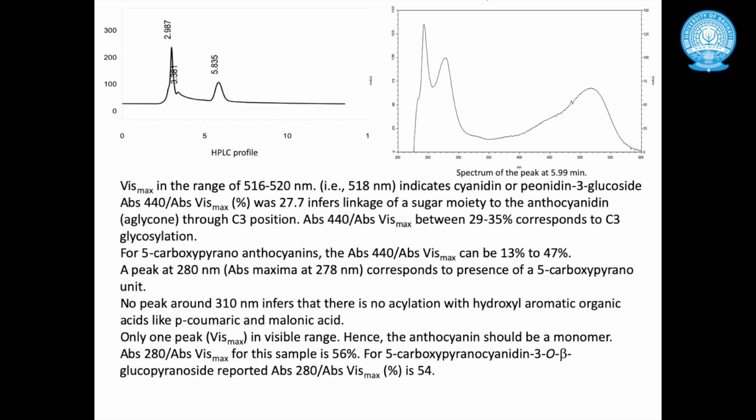For example, if you read the text on the second last para on this slide, you will see that no peak around 310 nanometers infers that there is no acylation with hydroxycinnamic or aromatic organic acids like p-coumaric acid and malonic acid. So as I said, the acylation pattern is shown by a peak which is around 310.